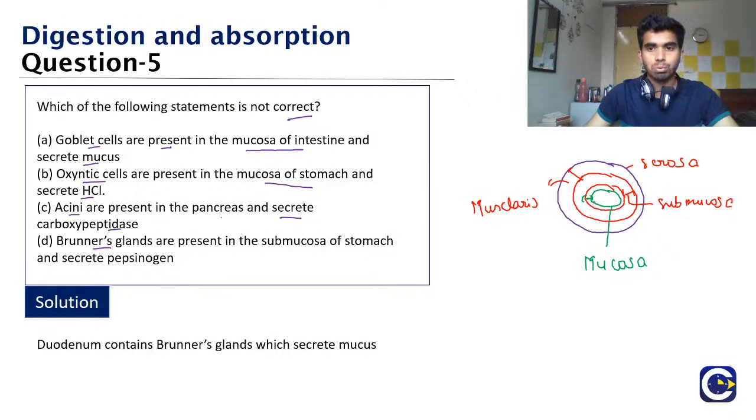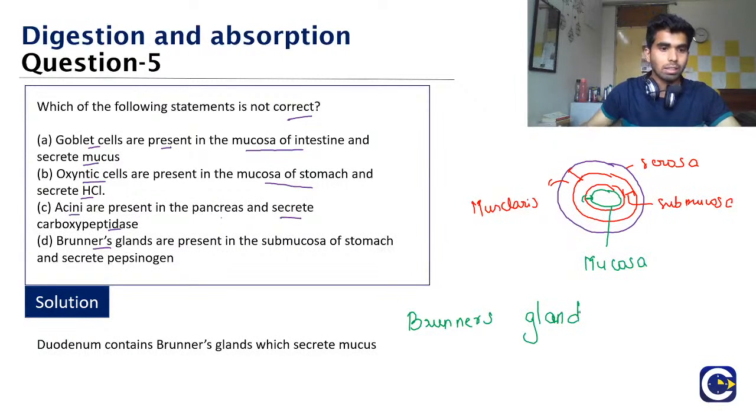But there is only one exception, and that is an important question for your examination. That exception is Brunner's gland. Brunner's gland is present in the submucosa, but submucosa of what?